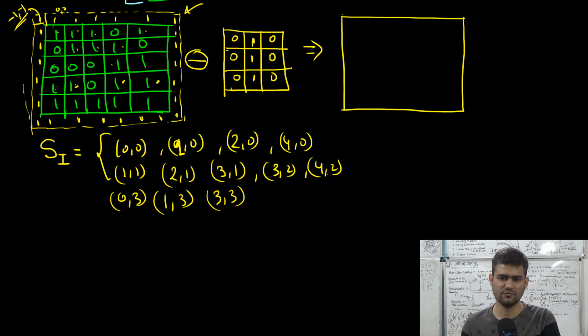Then we have 3, 4, 4, 3. And then we have 0, 4. We have 1, 4. We have 2, 4. We have 3, 4 and 4, 4.